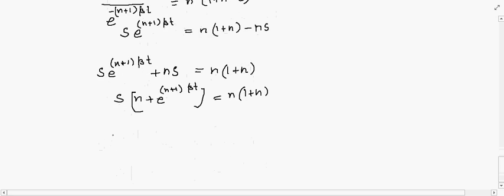That is, s is equal to n into n plus 1 divided by n plus e power n plus 1 beta t.